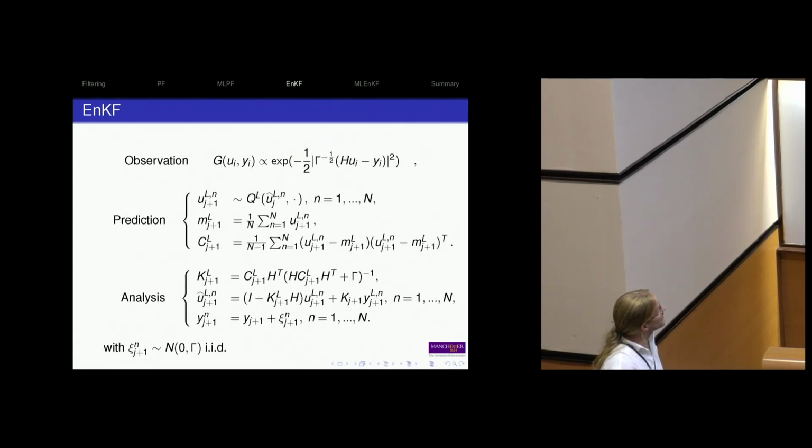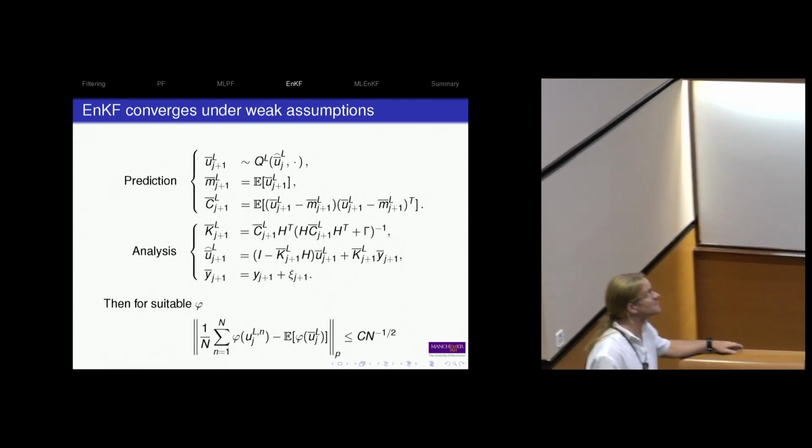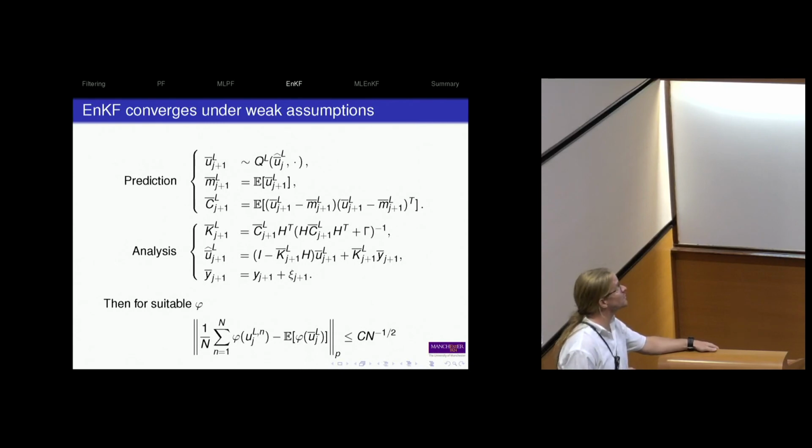So this does converge, and it converges to this process here, which in the linear Gaussian case is equal to the Kalman filter in distribution. We've used this bar here: U bar L j plus 1 is distributed according to one step through this Markov kernel at level L.